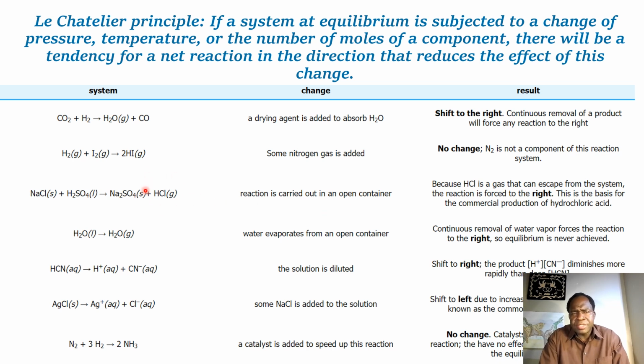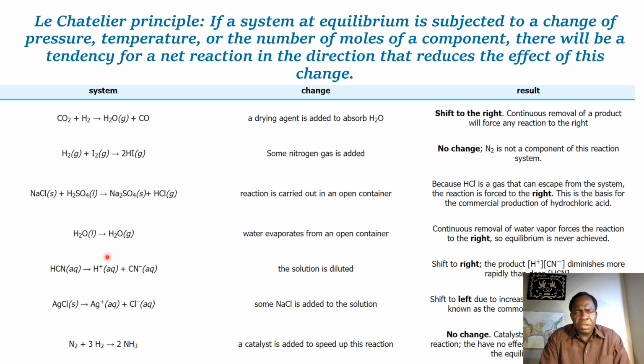The hydrochloric acid is a gas, that means the volume will decrease. Okay, we are producing hydrochloric acid in an open container. It means that the concentration of the gas will decrease. So the reaction will keep proceeding to the right, toward the formation of the product.